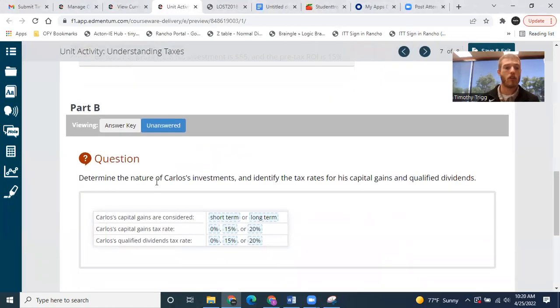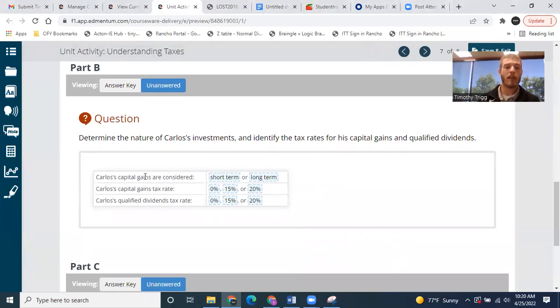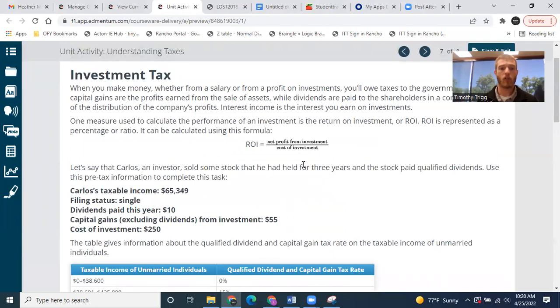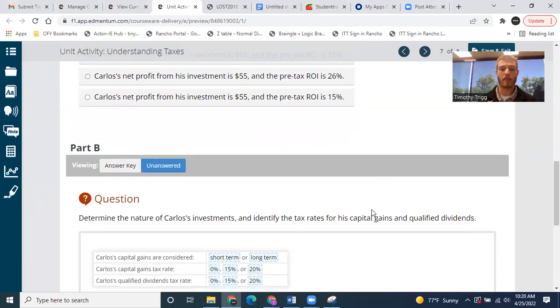Determine the nature of Carlos's investments and identify the tax rate for his capital gains and qualified dividends. First we need to determine, was his investment short-term or long-term? If he's held the investment for at least a year, a year or more, then that's a long-term investment. Carlos held it for 3 years, so this is a long-term investment.